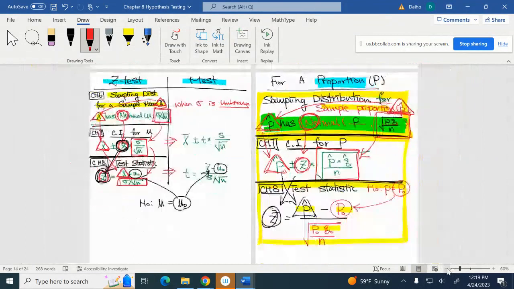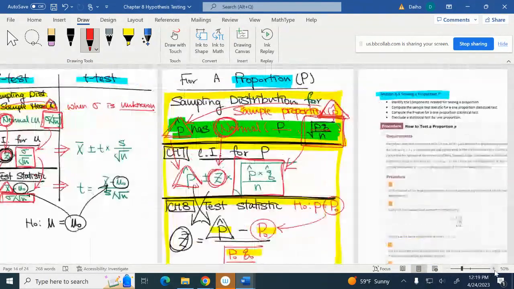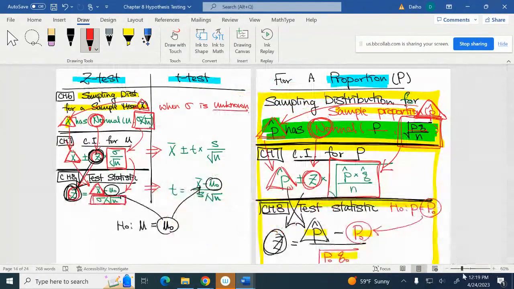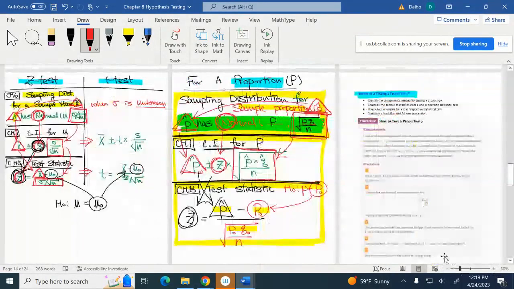It was the z-test and t-test. Today we are going to apply another z-test, but for the proportion.